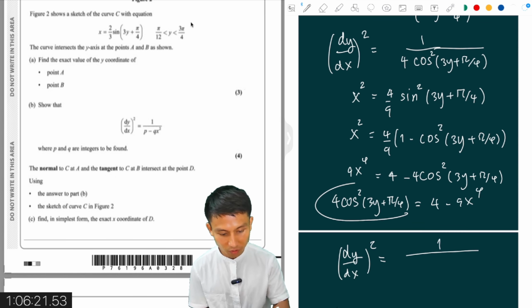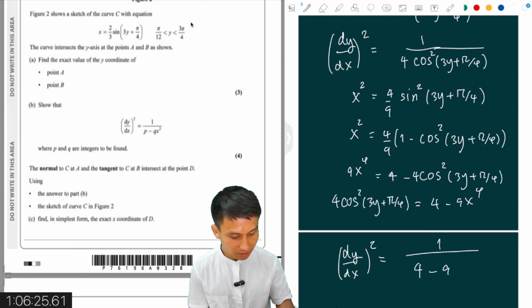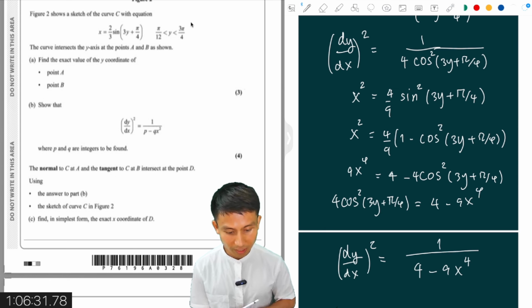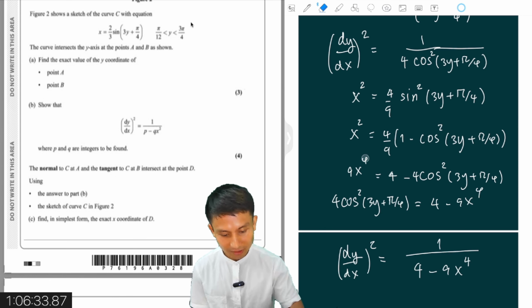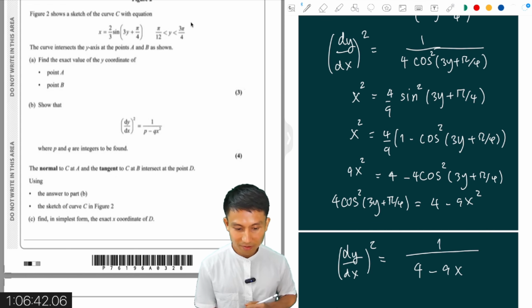Just substitute the whole thing there. So this is 4 minus 9x to the power of 4. Wait, how come I get the power of 4 there? This is 2. Sorry, because that was weird. And am I fine here? Just double checking.